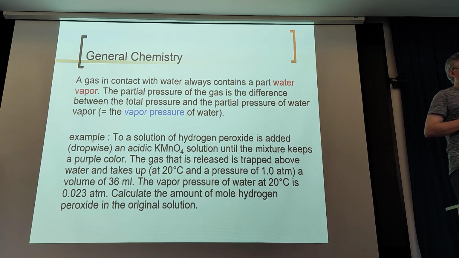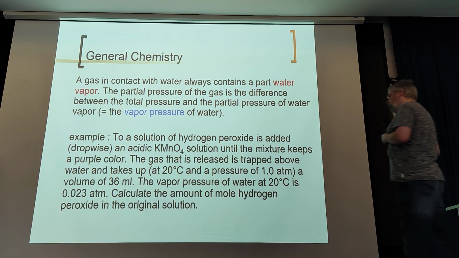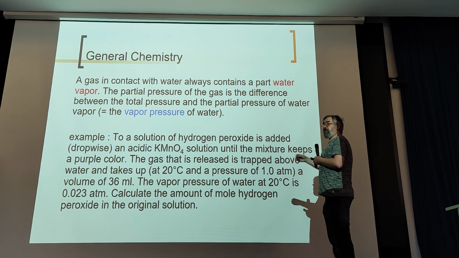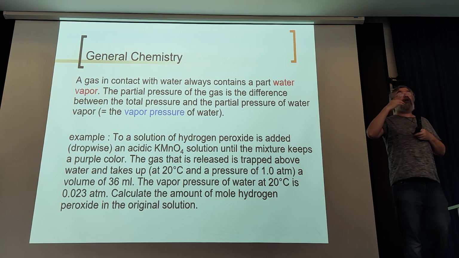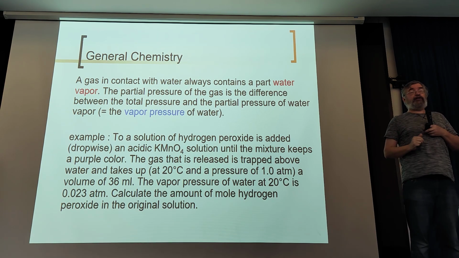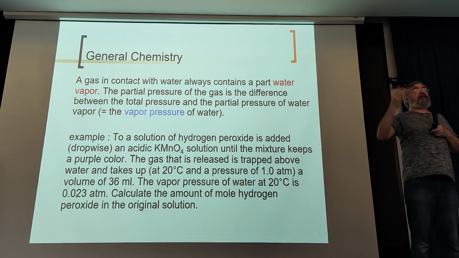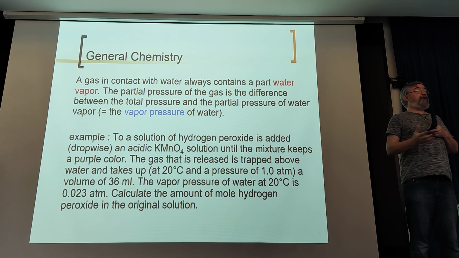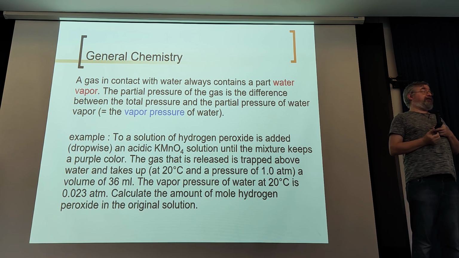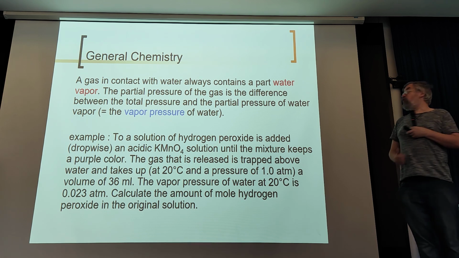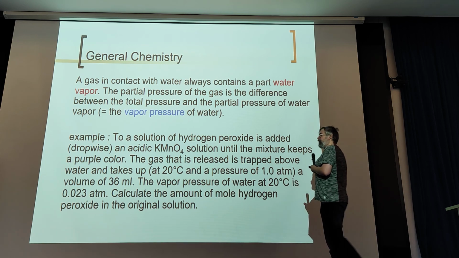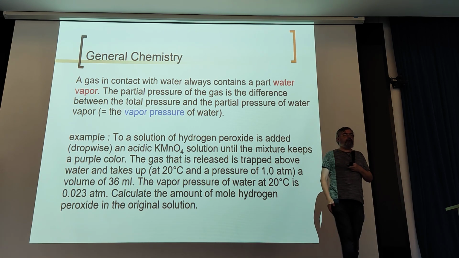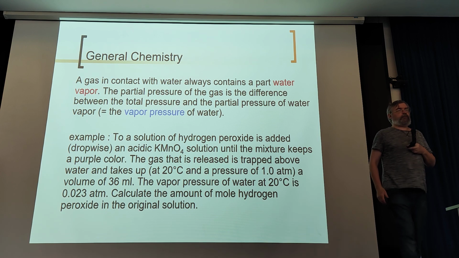This water is also going to be in the gaseous form, because normally water is a liquid, but if you breathe it out, like we have all been doing here, the water gets into the air and it doesn't condense. So there will be a partial pressure of water in our mixture of gases. In some cases we have to take this water into account when we do our calculation.